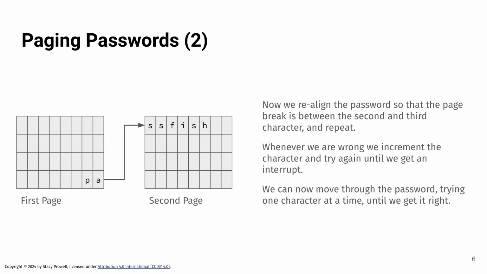Whenever we're wrong, we just increment the character until we're right, and we just keep going. So this lets us guess the password one character at a time until we get it right. And yeah, it might take a while because of the 3-second delay, but we'll still get there. And if you do the math, you'll find out you'll get there pretty fast.